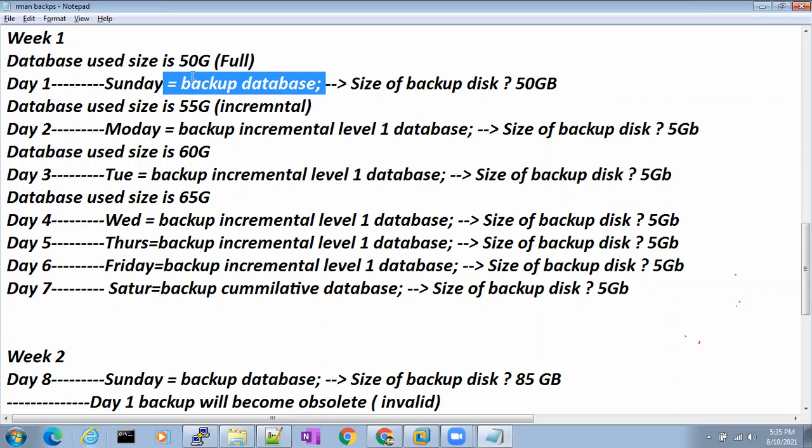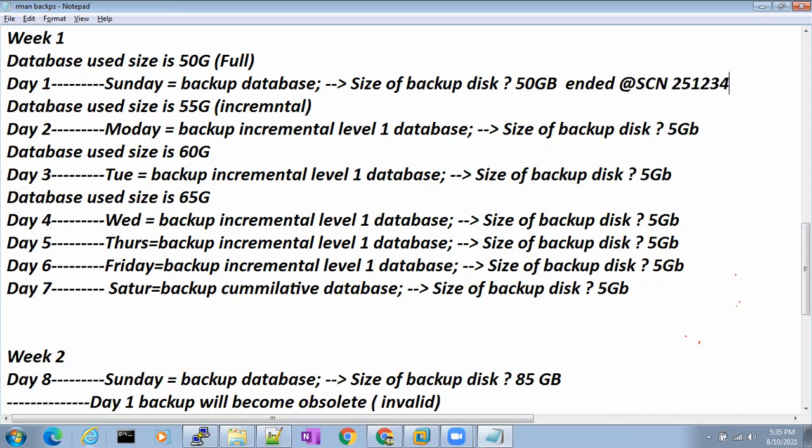For example, this backup, again, SCN is playing a very major role here. SCN means system change number. This database backup ended at SCN 251234. So what happens in incremental?